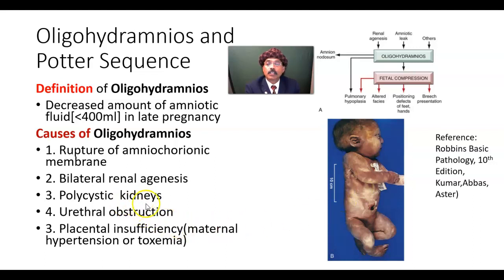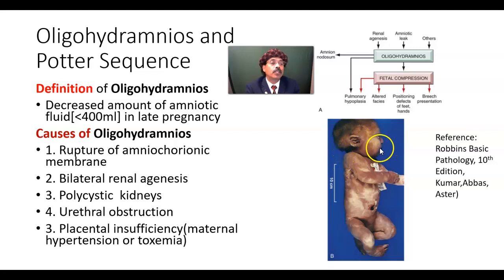Like that, in polycystic kidney the kidney cannot produce sufficient urine, likewise in urethral obstruction and also in urethral atresia. Placental insufficiency is very important because the baby is supported by amniotic fluid actually coming from maternal circulation through the placenta.